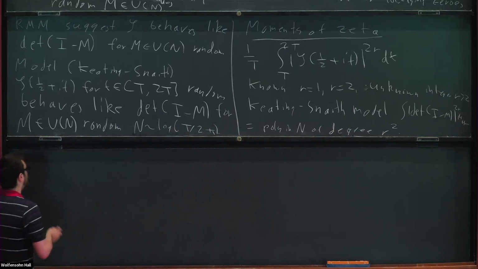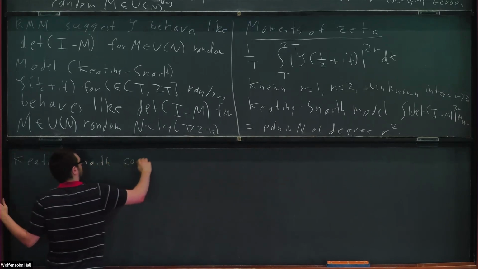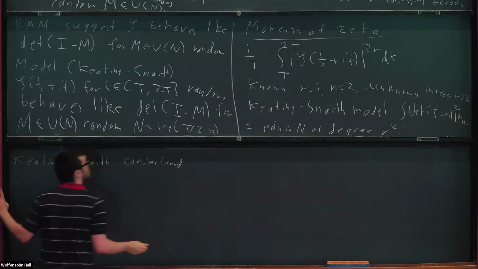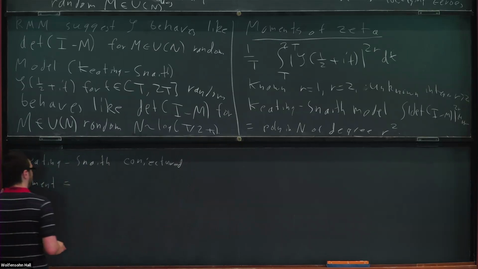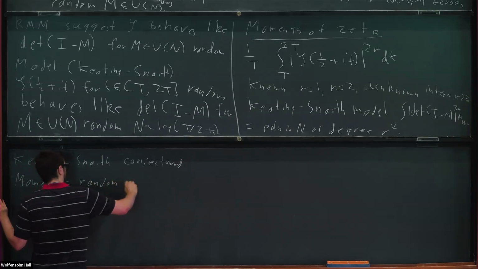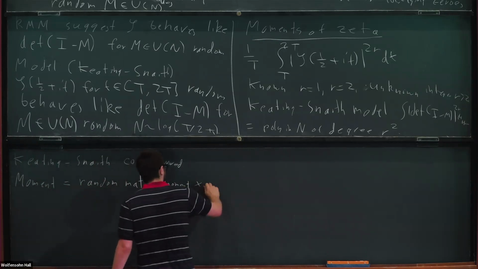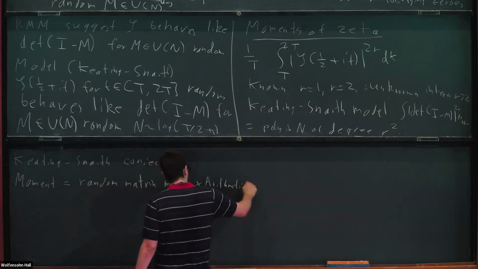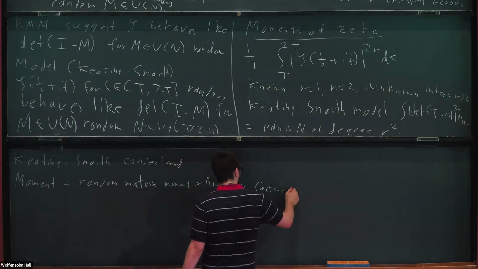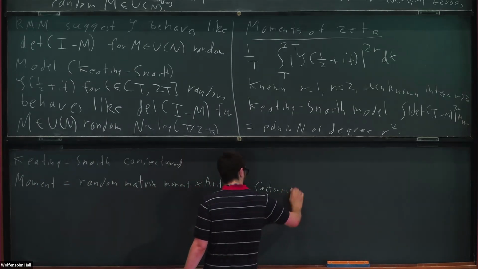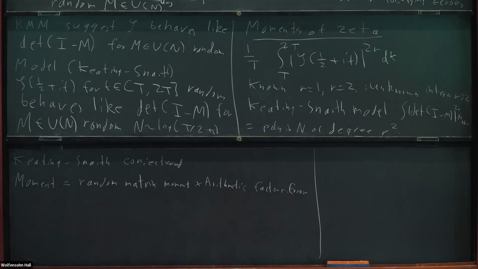So Keating and Snaith conjectured that the true moment is equal to the random matrix moment times some arithmetic factor, which is independent of t, plus some small error, where the error just means smaller than the main term, maybe smaller by a factor of log t.